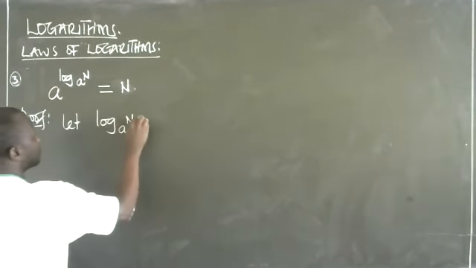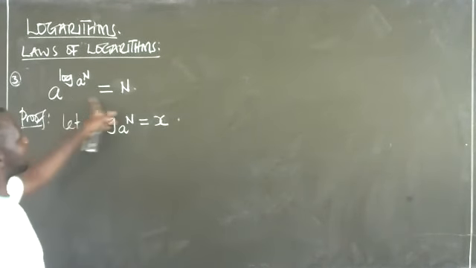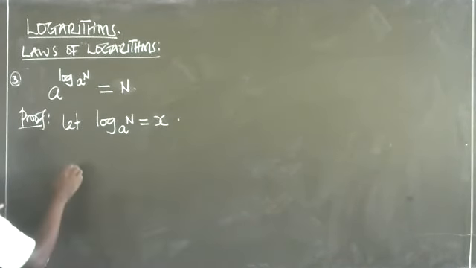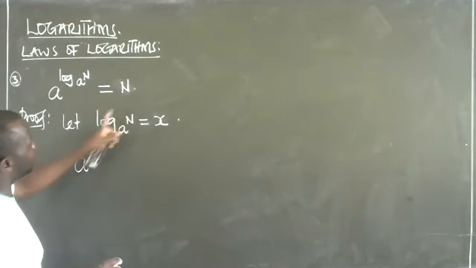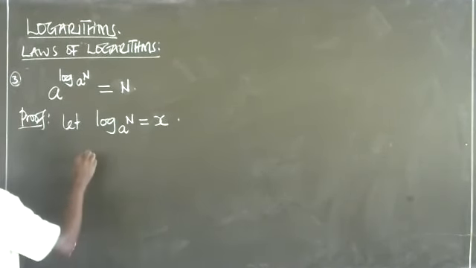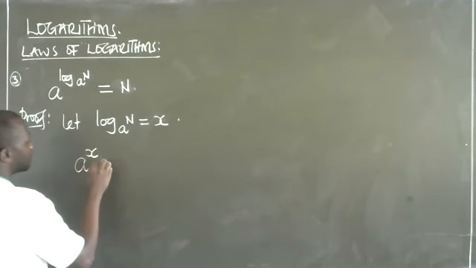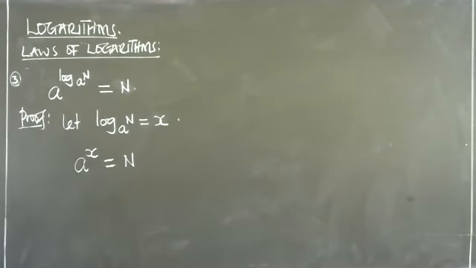Let the power, log n base a, be equal to x. It means that if I rewrite this expression, where there is log n of base a, I'll write x. So I'll write this one as x is equal to n. Do you understand that step?